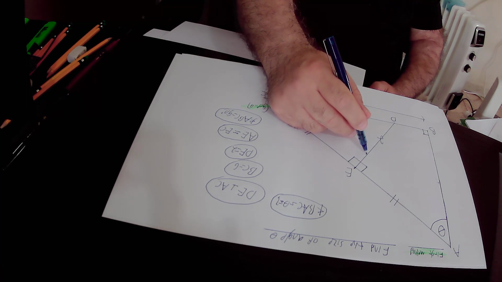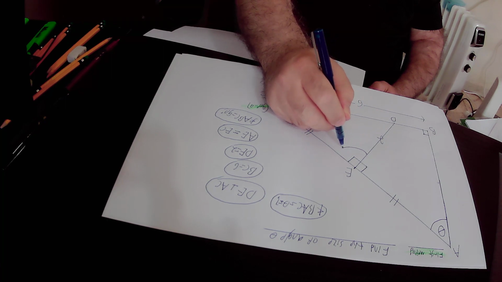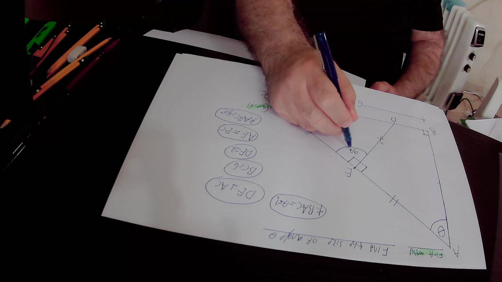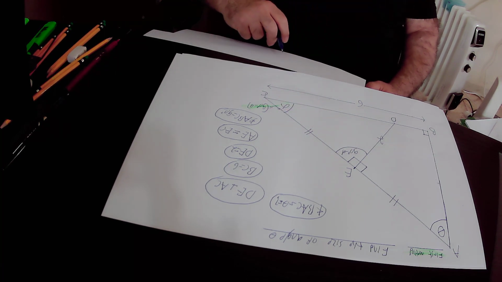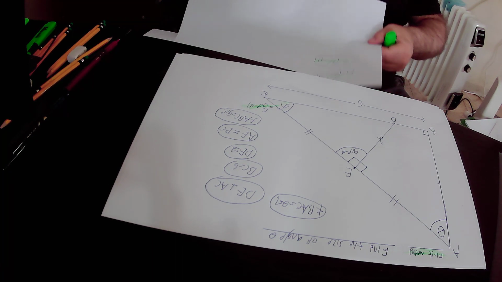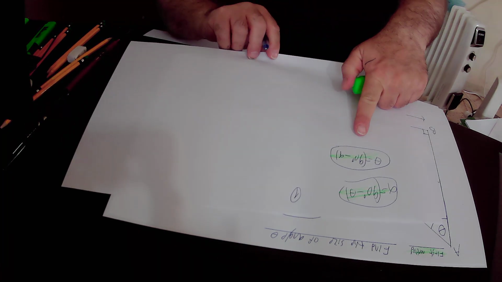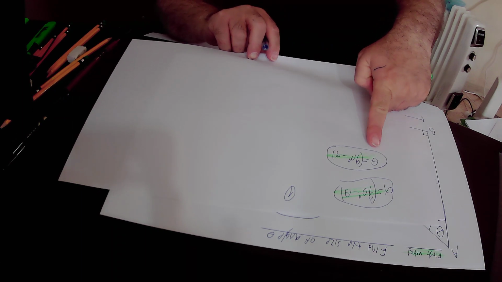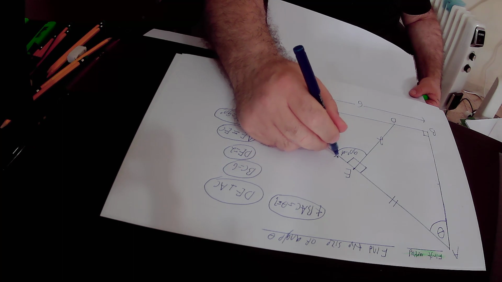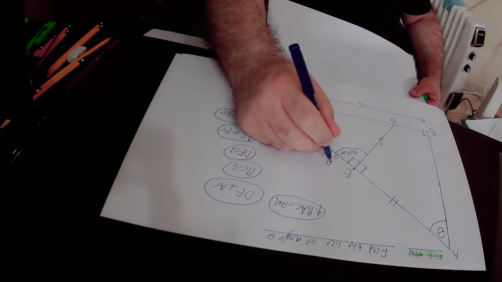So this angle equals 90 degrees minus alpha. And 90 degrees minus alpha is theta. So we can write here that this angle equals theta.